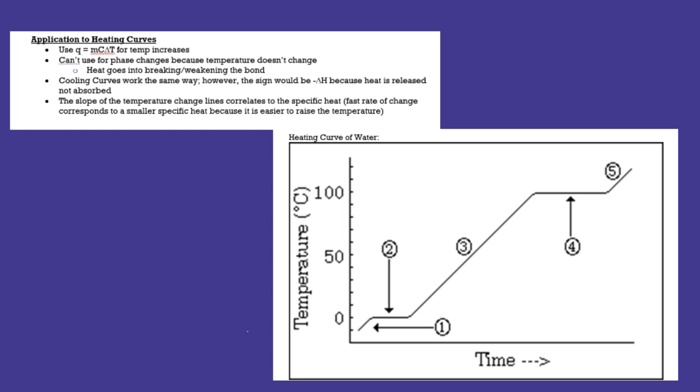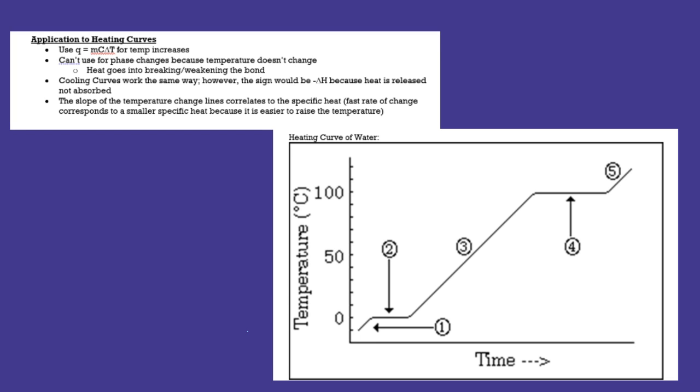The slope of the temperature change in the lines, so if we come over to like here, the slope of this line versus the slope of this line and this line in these areas, corresponds to a smaller specific heat because it's easier to raise the temperature.